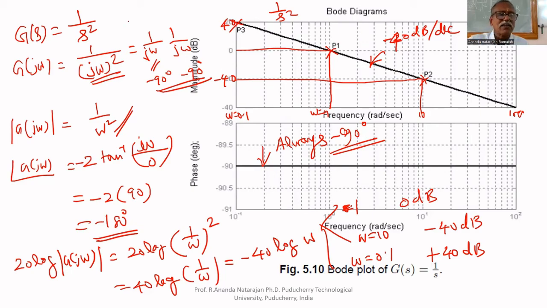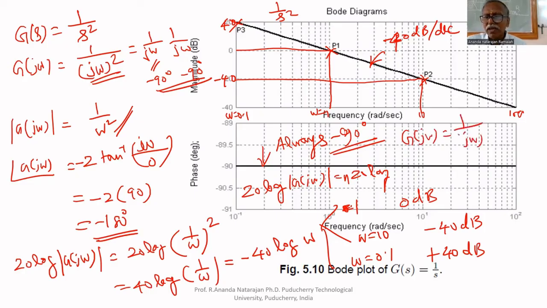So if it is n instead of 2, what you will get is 20 log modulus of G of j omega equal to 20 log, because G of j omega equal to 1 by (j omega) to the power n. So n times 20 log 1 by omega you will get. So we have to multiply.